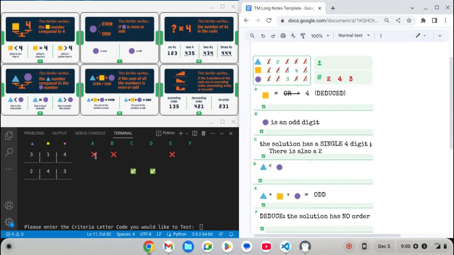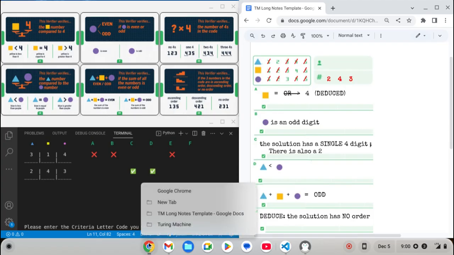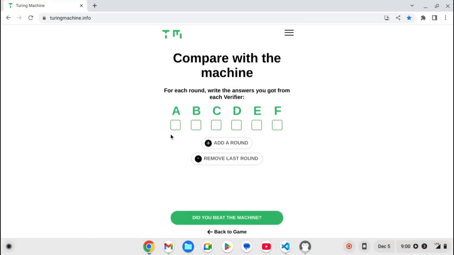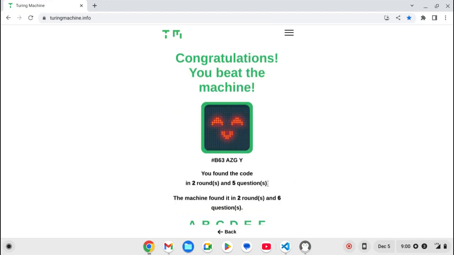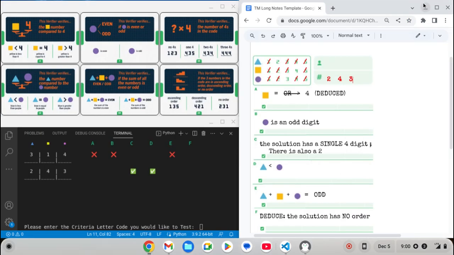So in the first round, we did A, B, E, all incorrect. And then we did C, D in the second round, and we outright deduced F. So let's go ahead and type that up. So A, B, and E were all incorrect. And then C, D were both correct, and we outright deduced F. Well, fantastic. So we beat the Turing machine by 1 question.